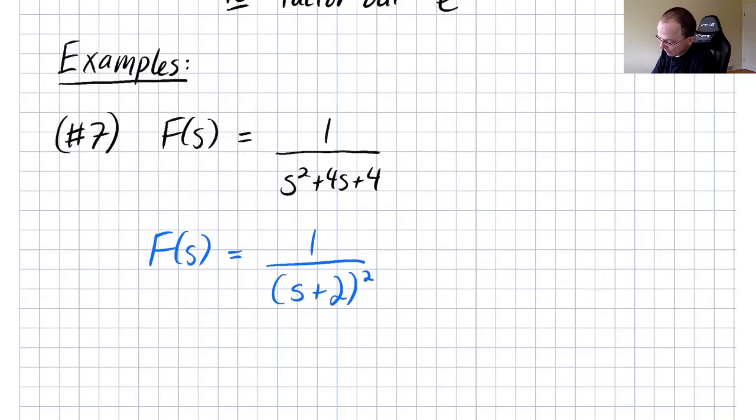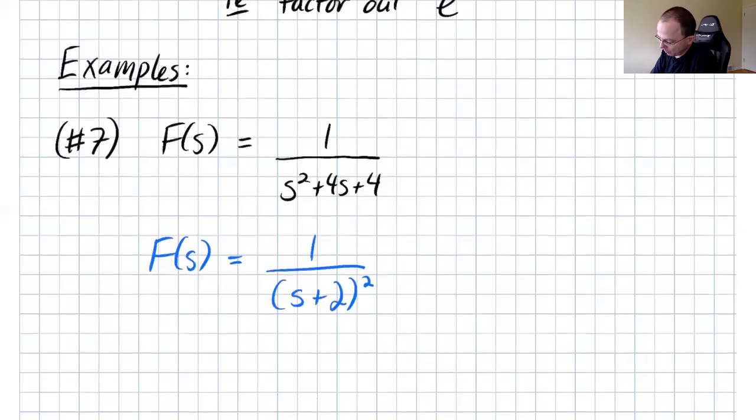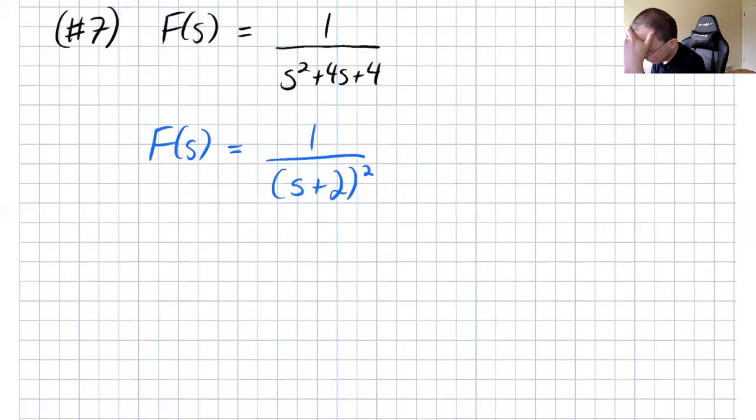But because I have an s plus 2 here, I know that I can factor out an e to the 2t. Or no, it would be e to the minus 2t because it's a plus sign. So we'll factor out an e to the minus 2t, and that will give us our inverse Laplace transform. Let's do the factoring out first, and then we'll see if we can figure out what the rest of the inverse Laplace transform is.